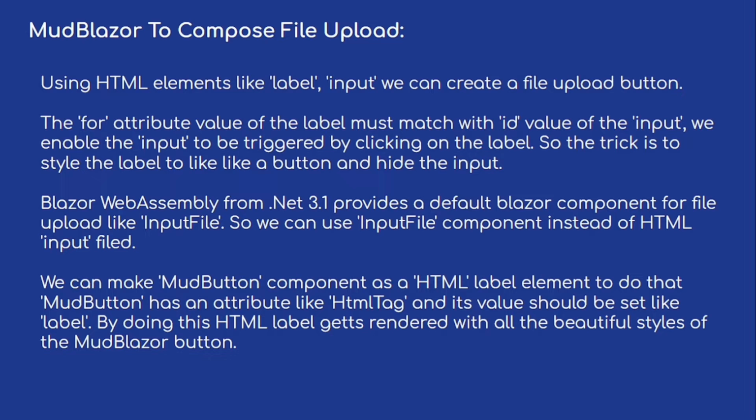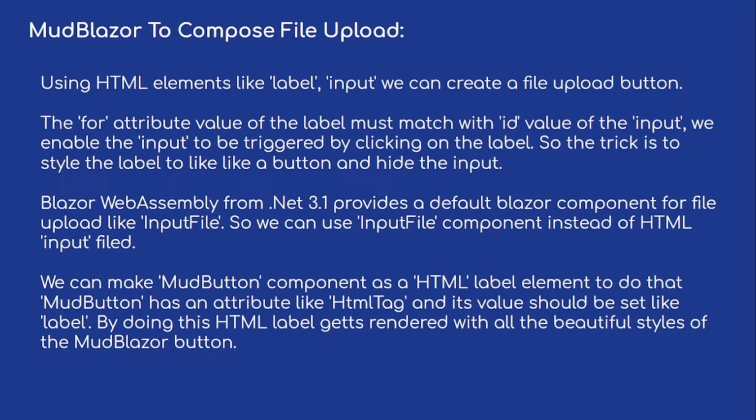How can we do that? The MudButton component can be made into an HTML label element by adding an HTML tag attribute and assigning it the value label. Then when this MudButton renders, it will render like a label. That is the flexibility given by the MudBlazor library.